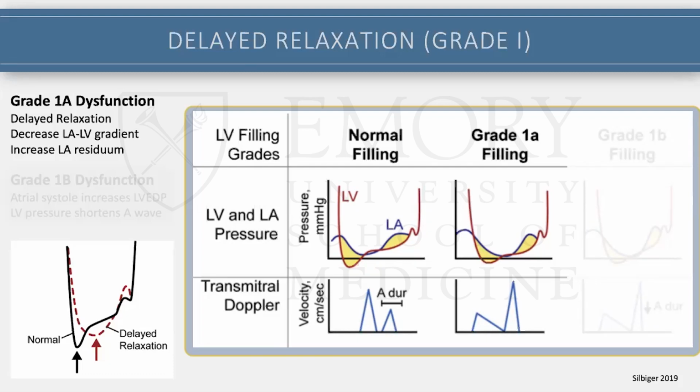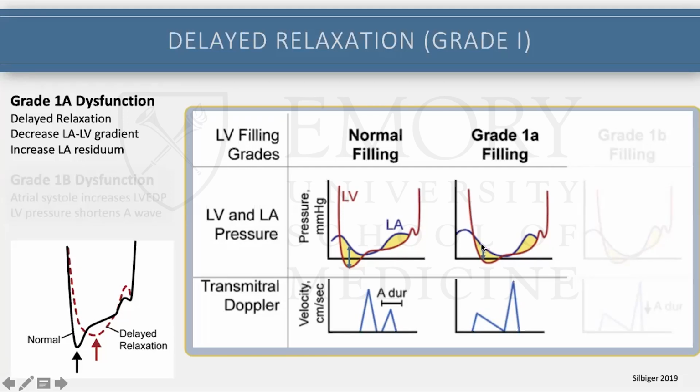When we go from normal filling to grade 1A filling, we basically have delayed relaxation of the LV. You can see that on the insert here, the dotted line being delayed relaxation; the slope is less steep. What that does, as the little arrows show, is it shortens the gradient between the LV and the LA.